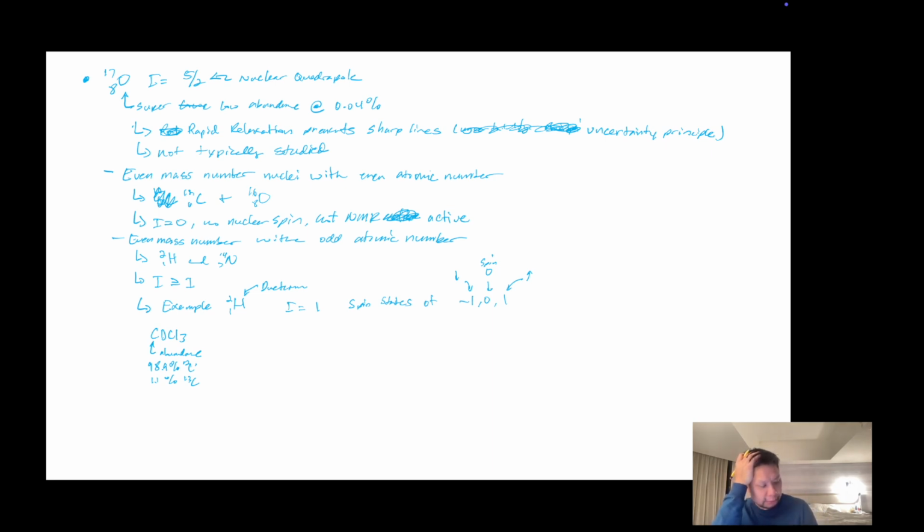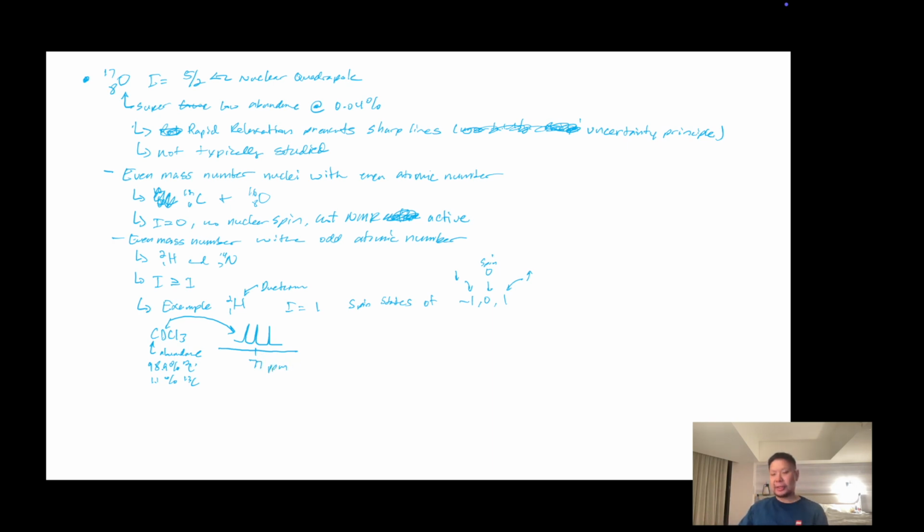Whenever you run a carbon-13 NMR using deuterated chloroform, you can actually find the peaks for the deuteriums on the NMR at around 77 ppm.